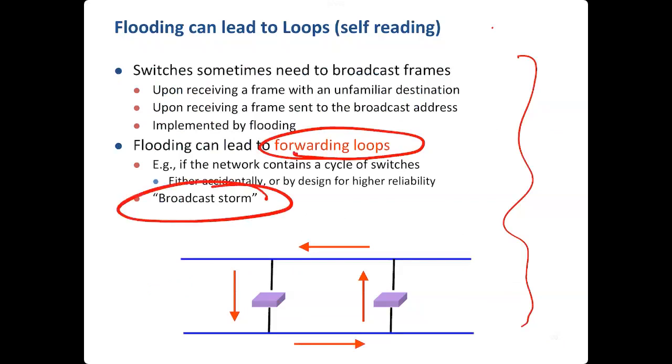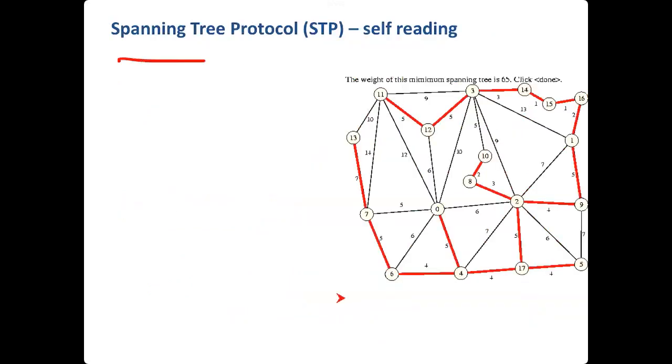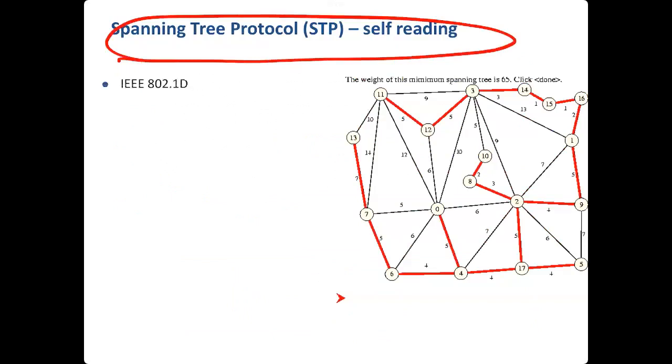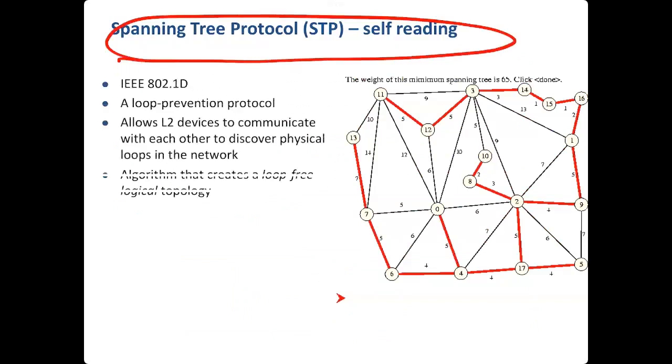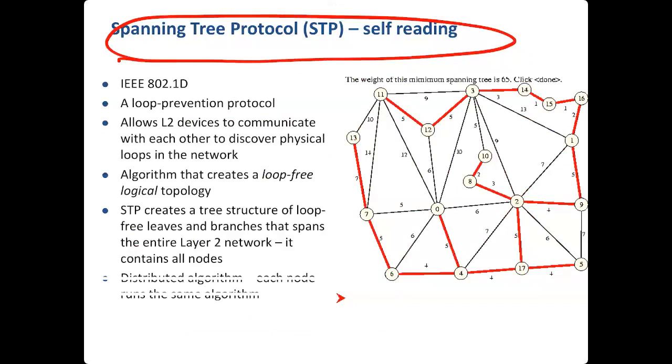Because Ethernet is based on broadcasting, whenever it does not know which port to send to, it just broadcasts. If there is a loop, the packet will rotate or multiply indefinitely. To prevent this, there is a protocol called spanning tree protocol, invented by Radia Perlman. You can read about it if you want.